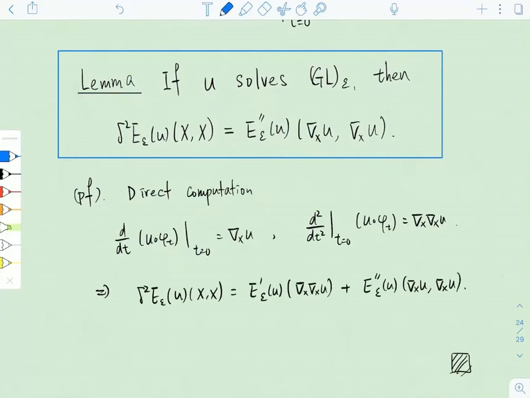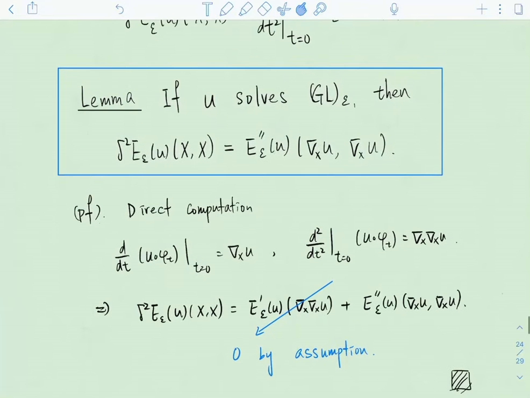Okay, but by our assumption, this term is 0 because U is a critical point. Okay, so that proves the lemma.